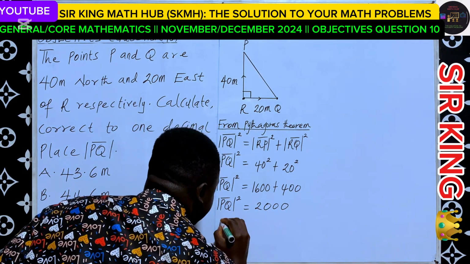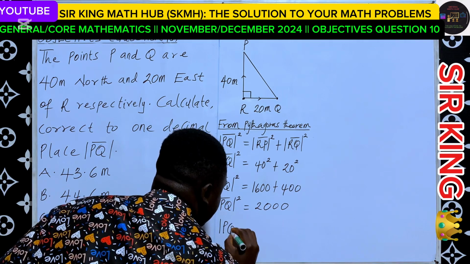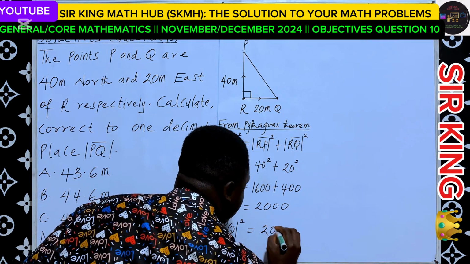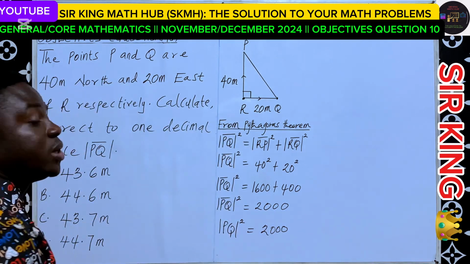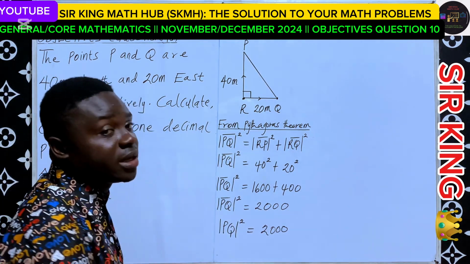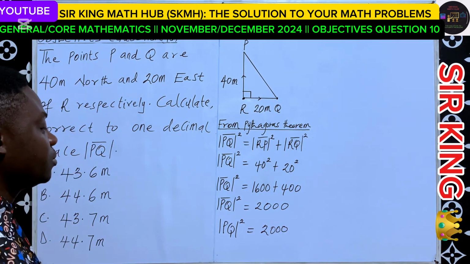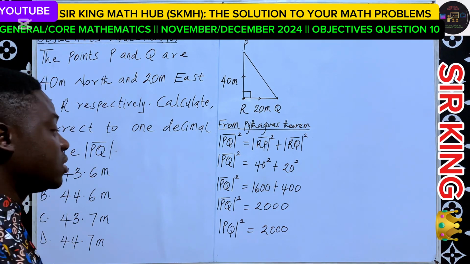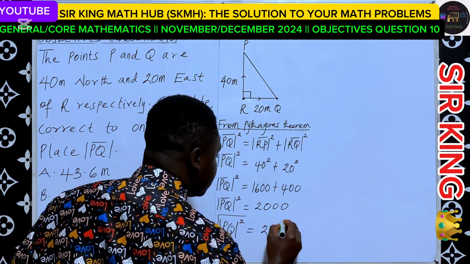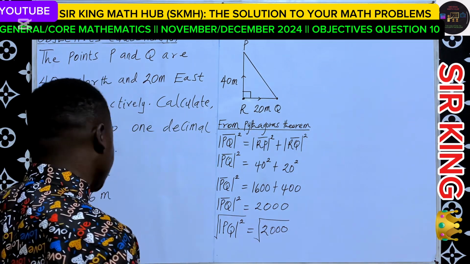So let me repeat this. We are looking for PQ, not PQ squared. So we need to eliminate the square by taking the square root on both sides. So take the square root here, take the square root here.